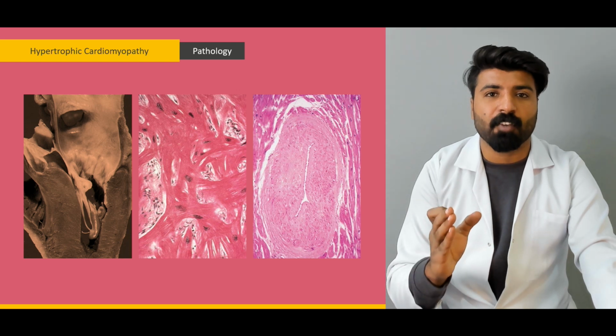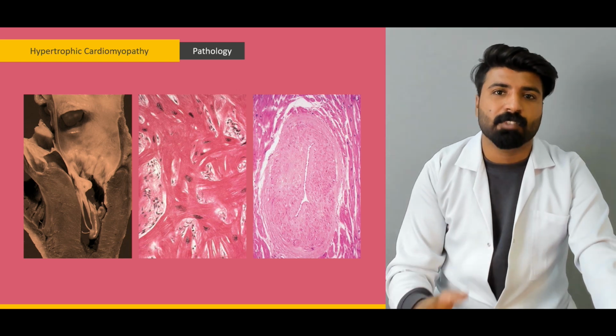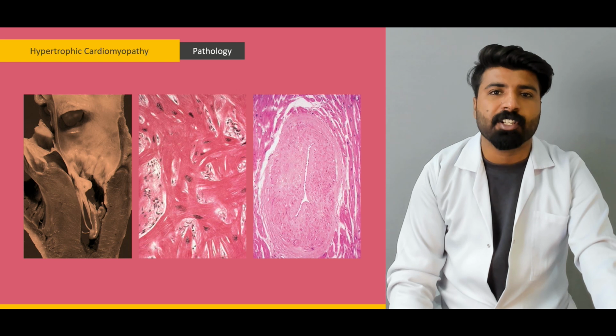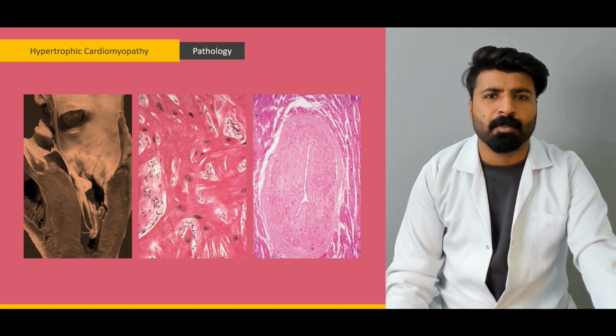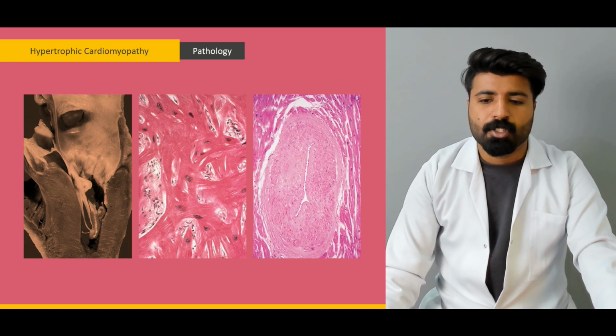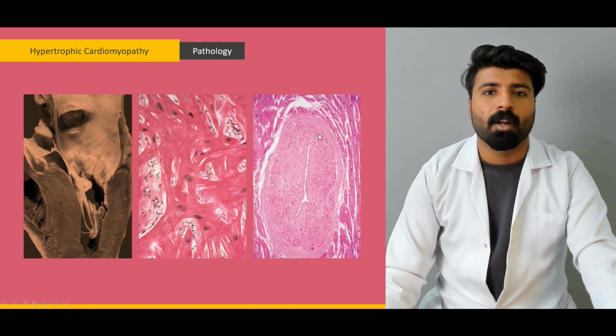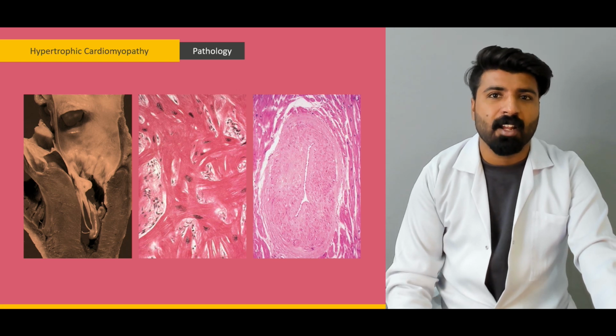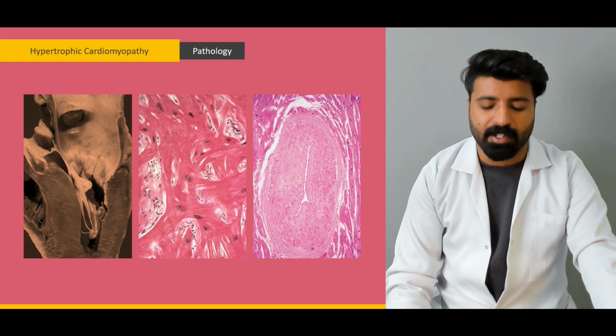And when the blood supply of the heart is compromised, this will lead to myocyte degeneration or myocardial ischemia in some cases. So what you can see in this diagram is that the lumen has gone narrow in size, and hypercellularity is seen, hyperplasia is seen in this slide.